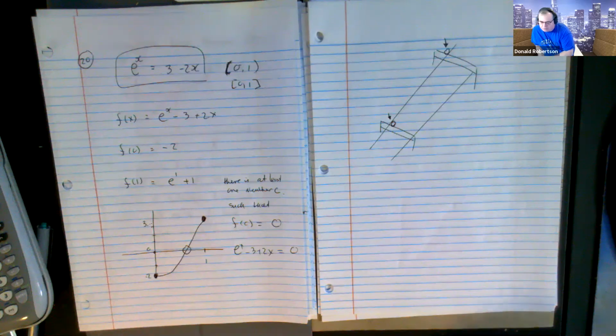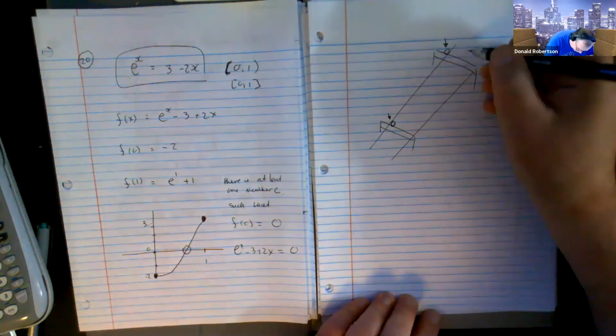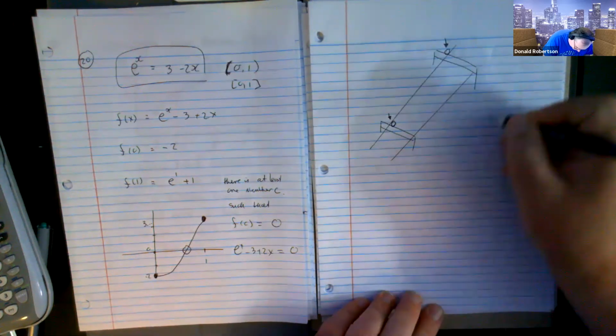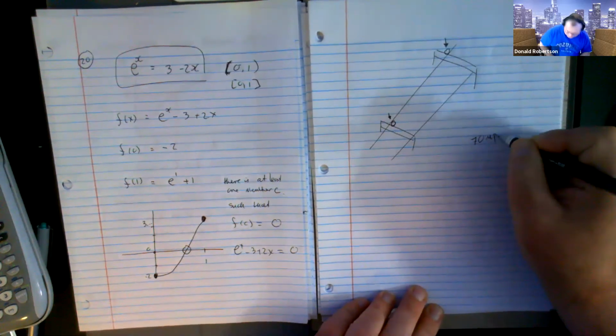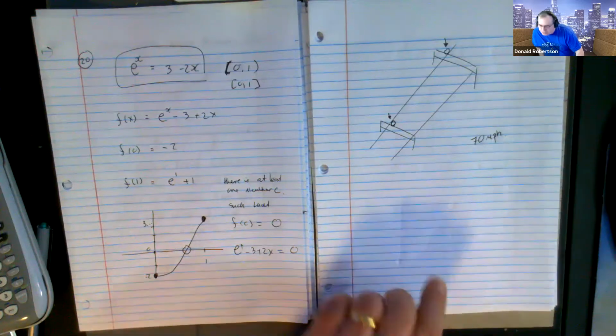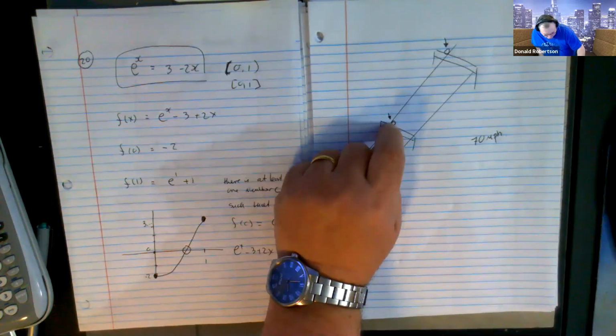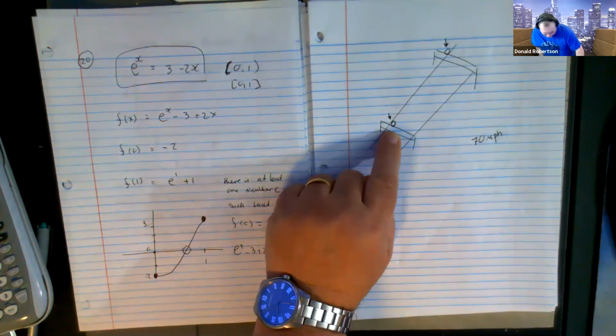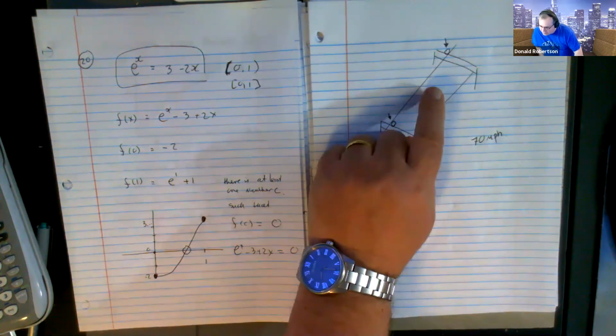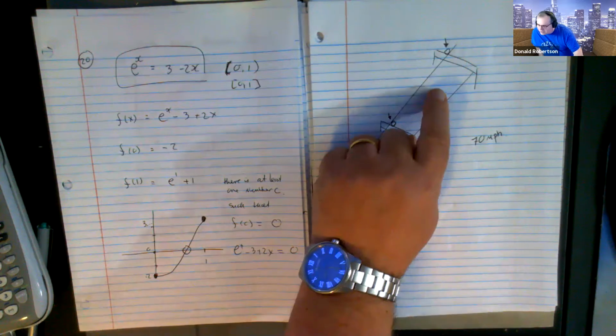Now, you might have said, well, I could be passing this point. Let's pretend this road has a 70-mile-an-hour speed limit. If you did speed cameras at this point, couldn't you pass this one at 60 miles an hour, zoom up to 100 miles an hour, slow down really a lot, and pass this one at 60?